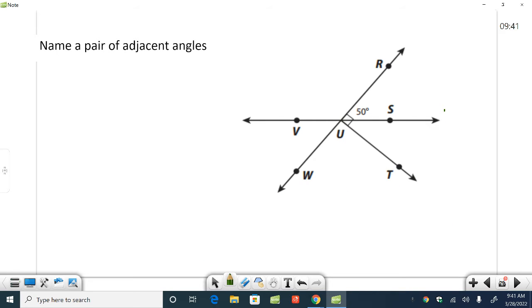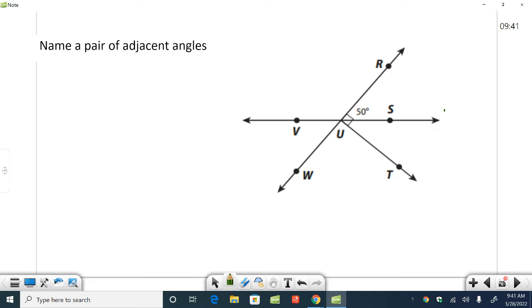We'll look at the front of your paper, and where are our adjacent angles? Give me one adjacent angle. Or what is an adjacent angle, basically? VR? You mean VR? That's a line from there to there. What is in between V and R?